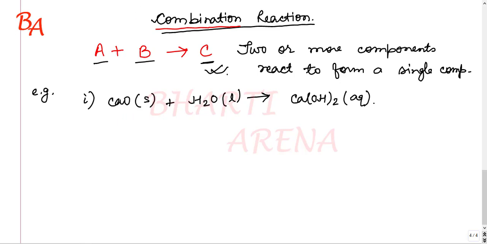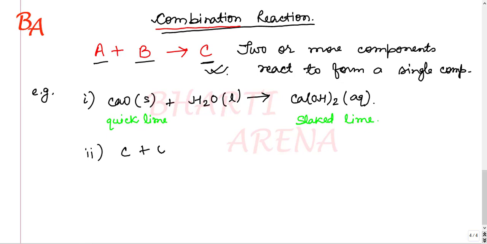Calcium oxide is known as quicklime. This is water, we all know it. And this is slaked lime.